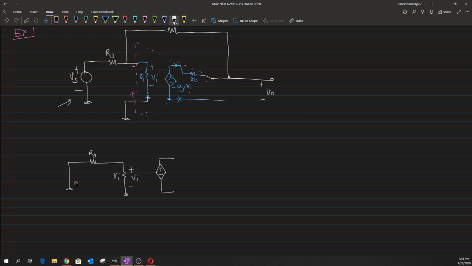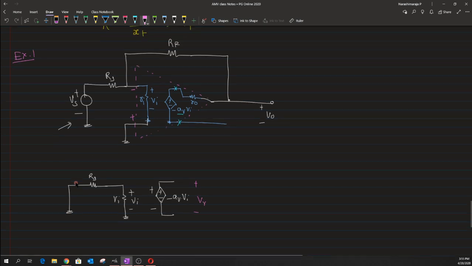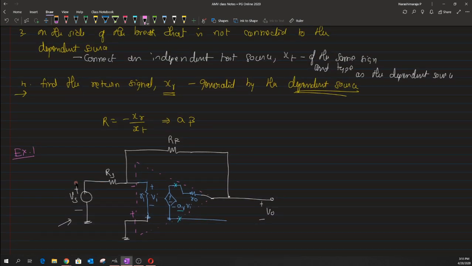So it means that there is no connection after this. And the last statement also had stated that this voltage AV, or minus AV times that of Vi, can be read as a return signal. The fourth statement that was stated here said that we have to find the return signal generated by the dependent source.